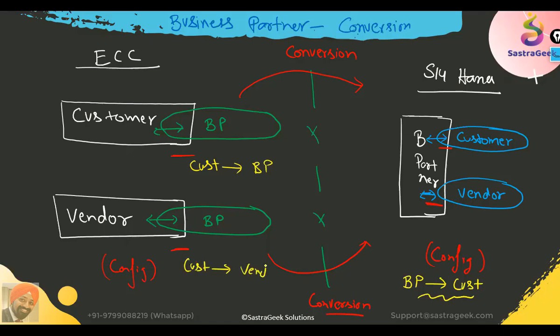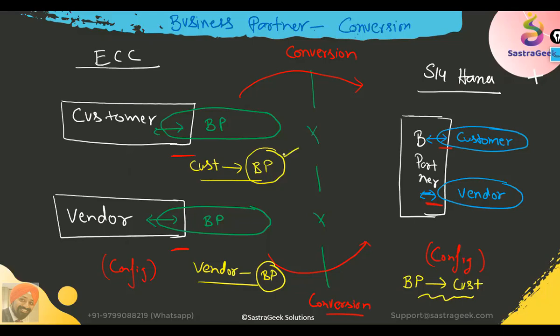What does this mean? This means that whenever a customer is created in your ECC system, if a new customer is created and the configuration is there, a business partner would be automatically created. The same goes for vendor to BP. Whenever a vendor is created in your ECC system, at the back end, the business partner would be updated.